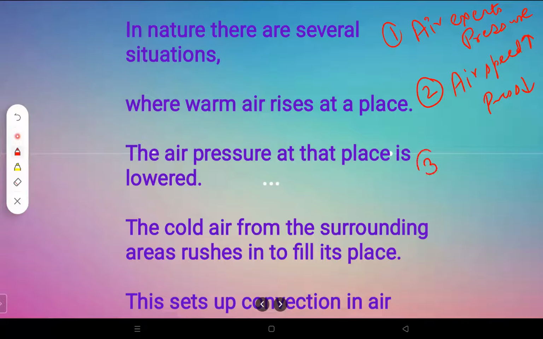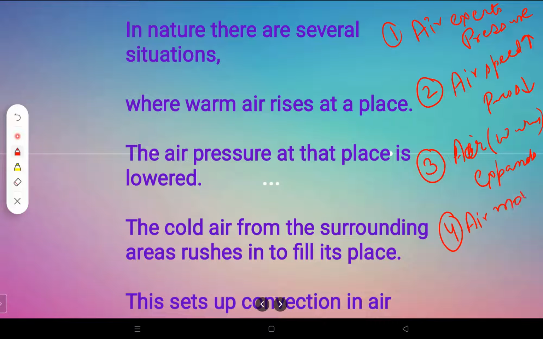Third is if air is warm, air expands. And fourth is air moves from high pressure to low pressure.